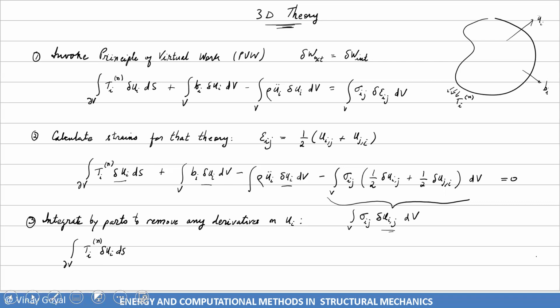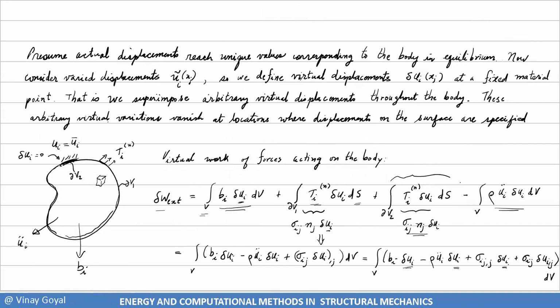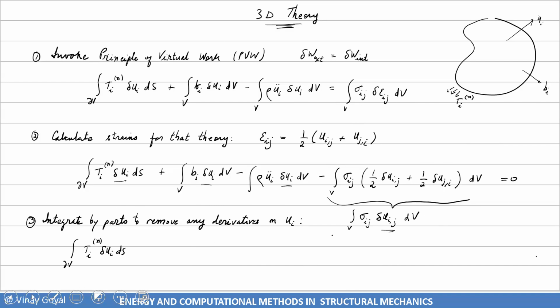And let's say that these tractions are acting, and here I had them acting on the partial v1. So let's just make them acting on partial v1, if that's okay with you. That way it's clear that those tractions are only acting there, plus the integral over v of bi del ui.